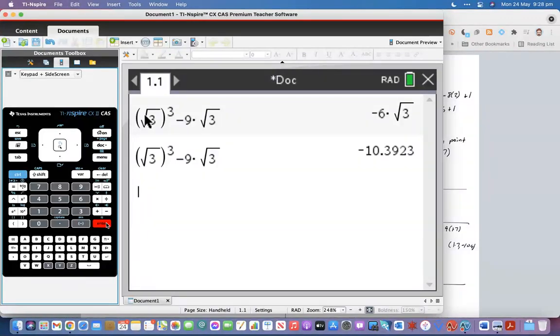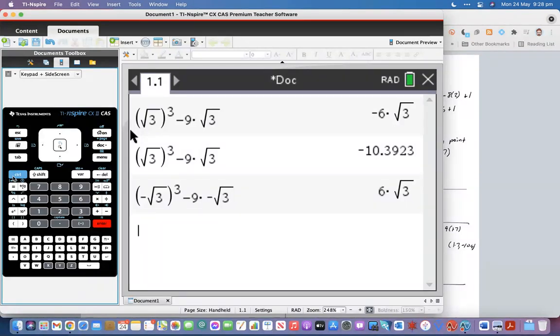And then we'll do the same thing but with negative root 3. That'll be negative square root 3 to the power of 3 minus 9 times negative square root of 3, which gives us positive 6 root 3, or approximately 10.4.